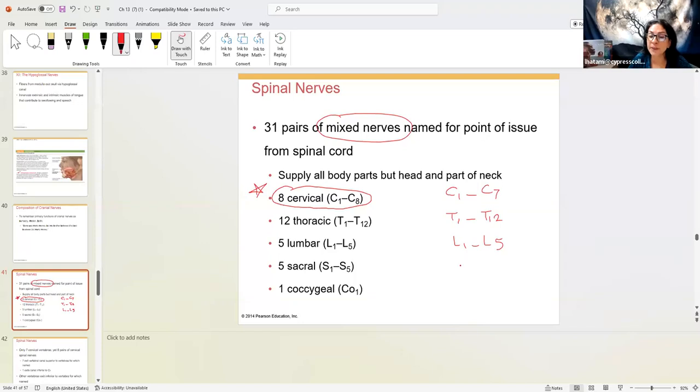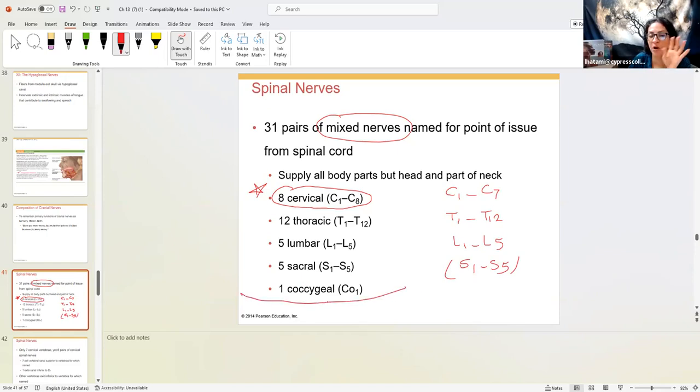In an adult, we have just one piece of sacrum, which we know before were 5 vertebrae, S1 to S5. They just joined together and now we have one piece, but we still have 5 sacral spinal nerves, S1 to S5. And then we have one coccygeal nerve.